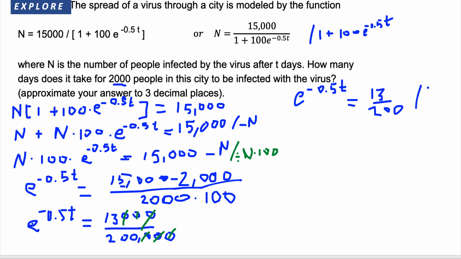Let me use the rule of the logs. So then I can take the ln of both sides, and ln of e to the exponent minus 0.5t is equal to ln of 13 over 200.